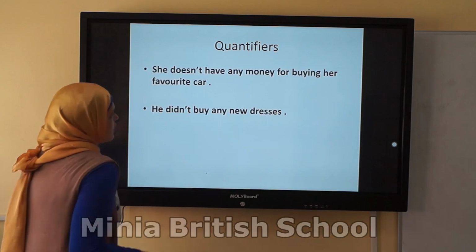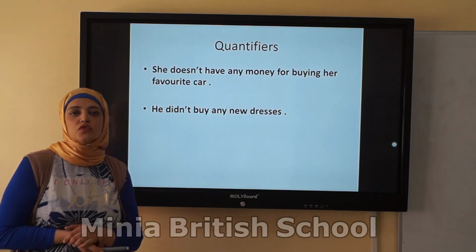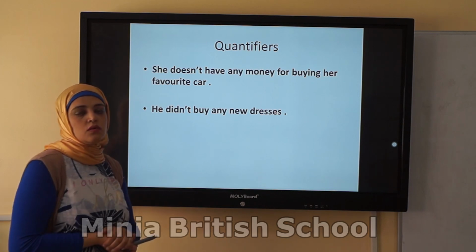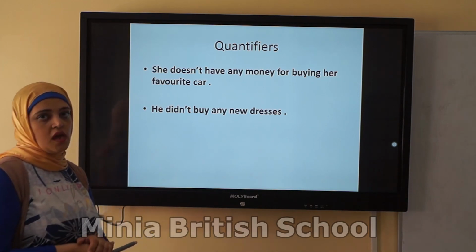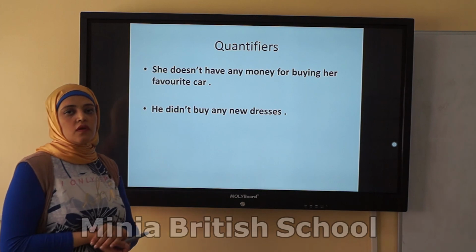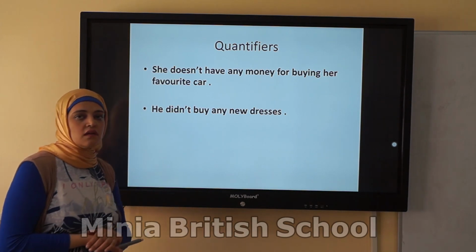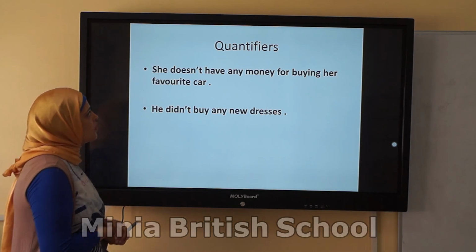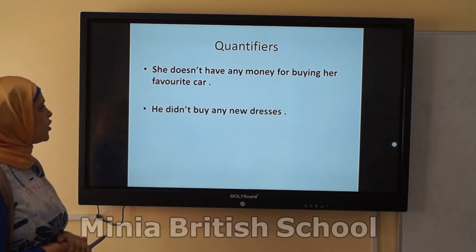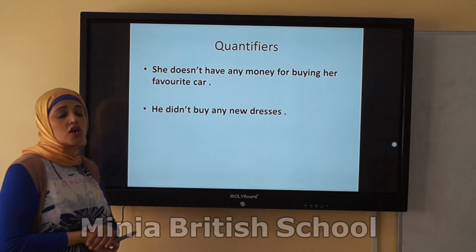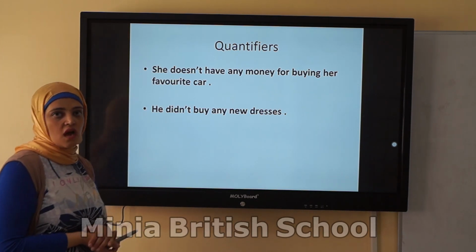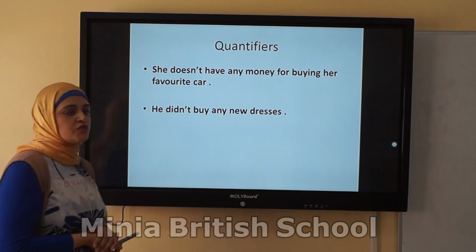And the last one we will talk about today is any. We use any all the time in the negative, and also with both countable and uncountable nouns. How? She doesn't have any money for buying her favorite car. Here we use any in a negative sentence with an uncountable noun.